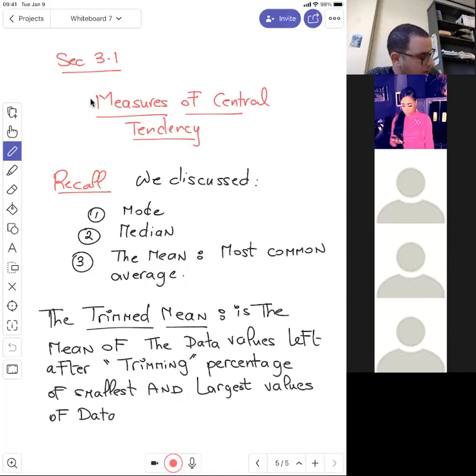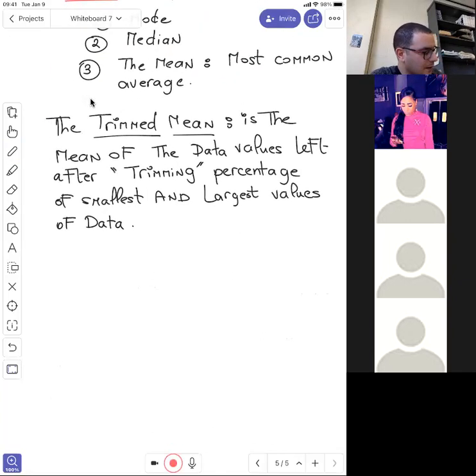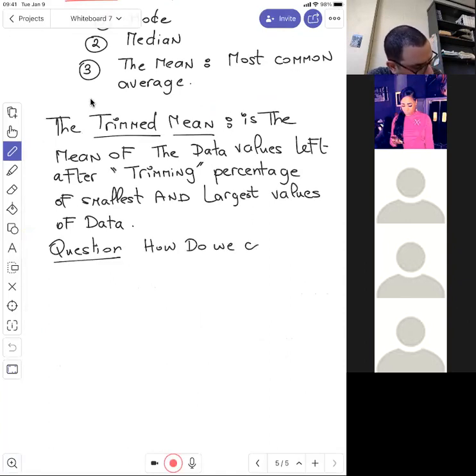All right. So the steps. If you want to compute the trimmed mean, how do we compute the trimmed mean?